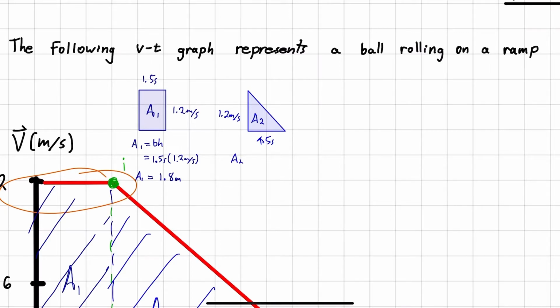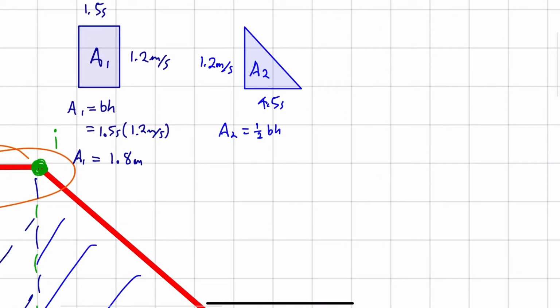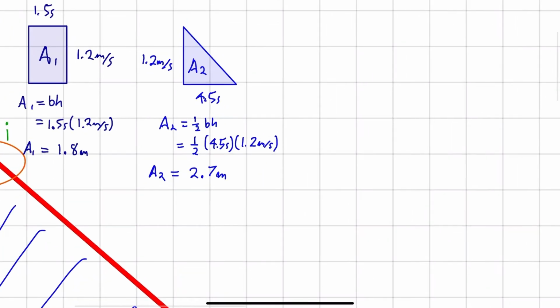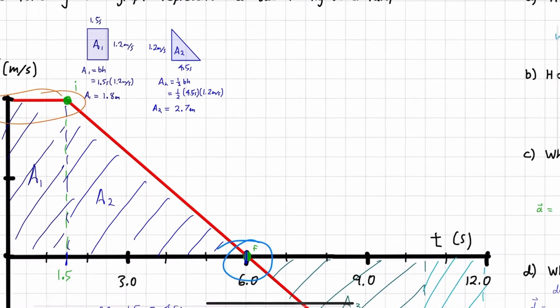And how do we find the area of a triangle? 1/2 base times height. So our second area is 2.7 meters. Again, with the units seconds multiplied by meters per second, our seconds cancel out, and we're just left with meters in our units, and that is exactly what we're looking for.